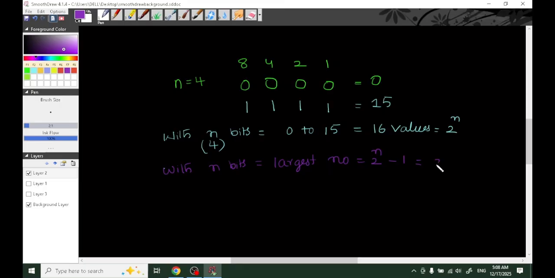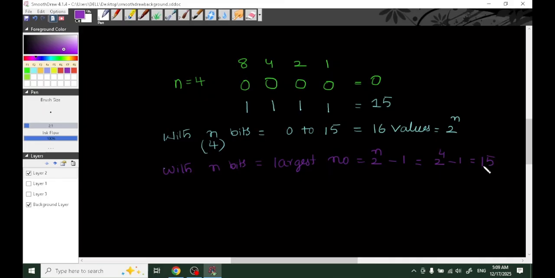In this case, it is 2 power 4 minus 1, which is 16 minus 1, 15. So these are two important points to be noted. With n bits, the biggest possible number is 2 power n minus 1, and the maximum number of numbers that can be represented is 2 power n.